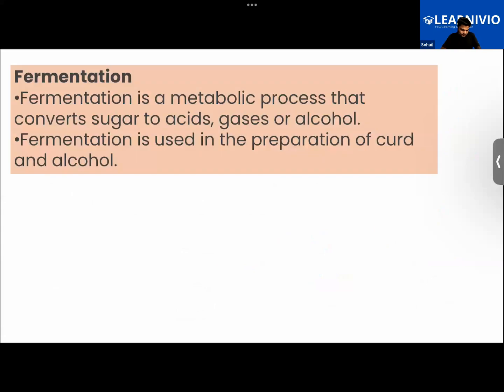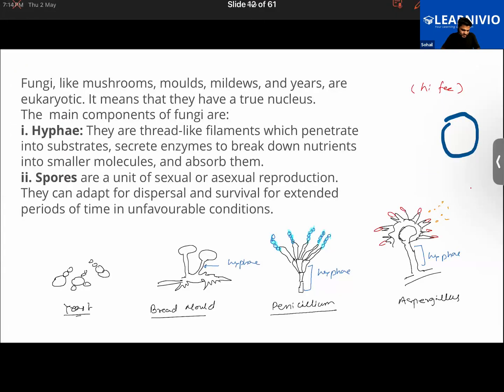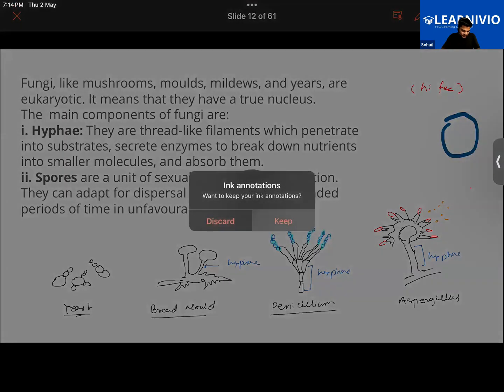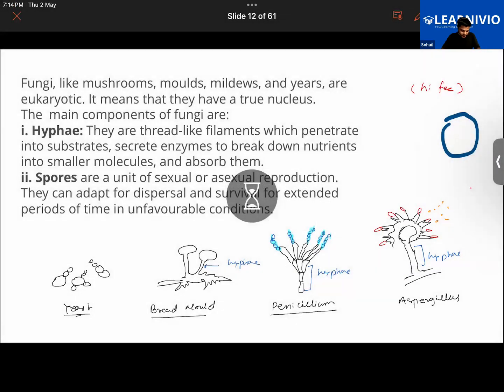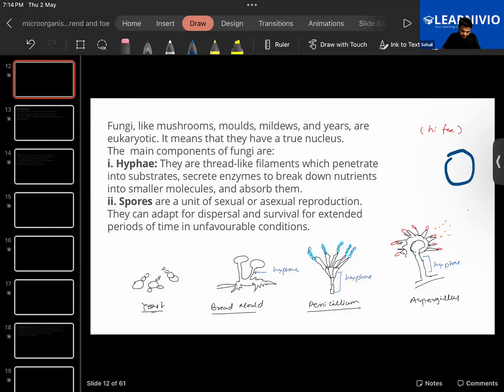In bakeries, it is used. Yeast powder is used in bakery, also in medicines. Good. It is used in the production of antibiotics. You have examples of medicines like penicillin, streptomycin. Fungi is used for them.